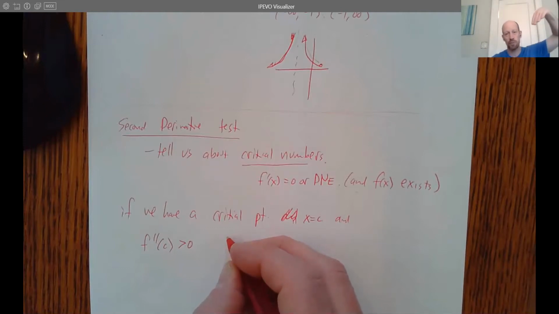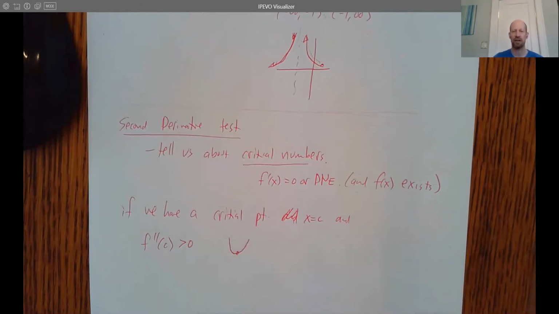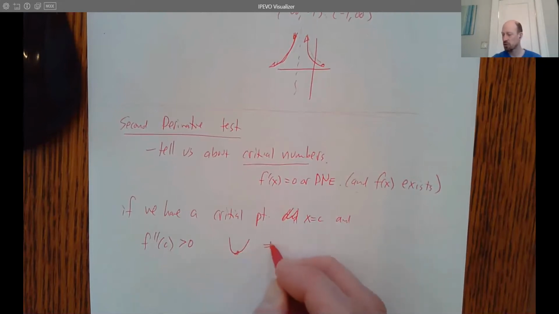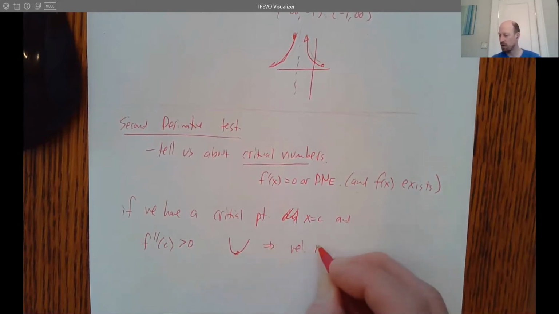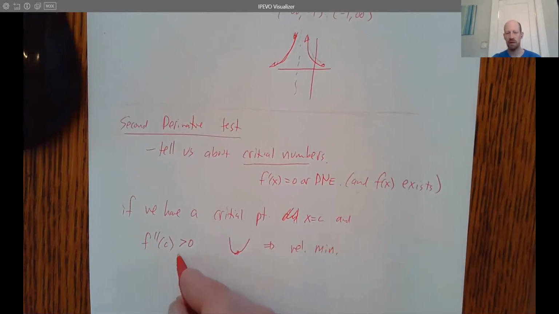It tells me that the slopes are increasing, and it actually forces us to have a bowl-shaped situation. So if the second derivative is positive, we have this kind of situation, which implies we have a relative minimum.